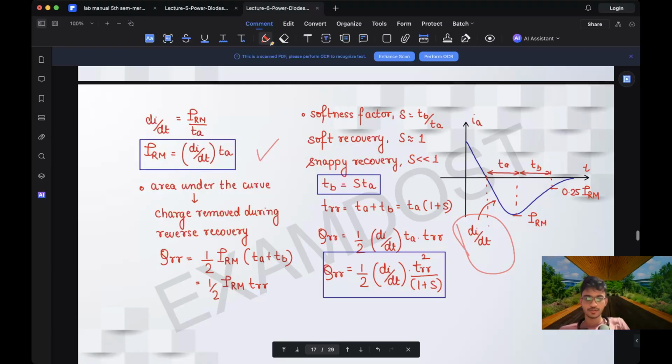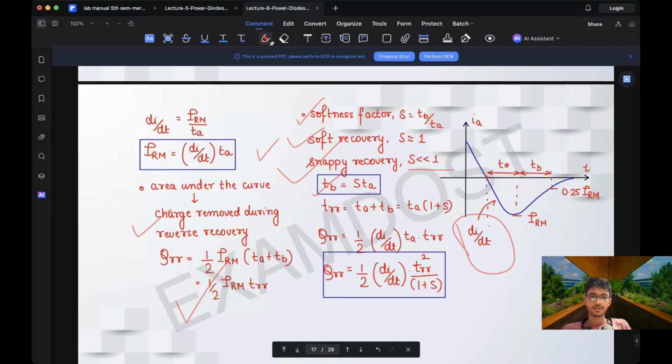Charge removed during reverse recovery is half into base into height, so you can think of a triangle. There is a softness factor, which is TB by TA. Soft recovery means 1, and snappy means less than 1, very less, snap, fast recovery.